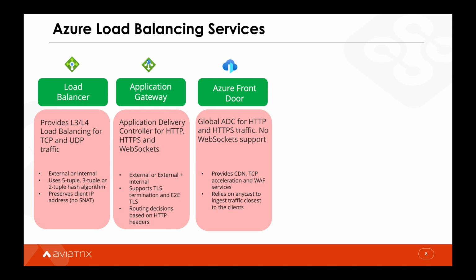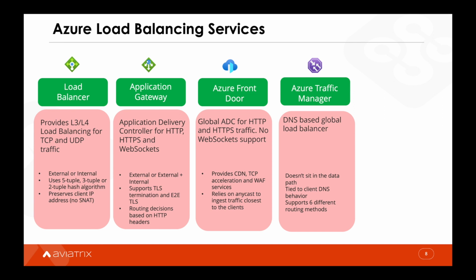Now, if a global load balancer for non-web traffic is needed, Azure Traffic Manager is a DNS-based global load balancer. This service supports 6 different routing methods: priority for active standby deployments, weighted for canary deployments, performance for sending traffic to the backend closest to the client DNS resolvers, geographic to route clients depending on their DNS resolver geography to backends, multi-value, and subnet.